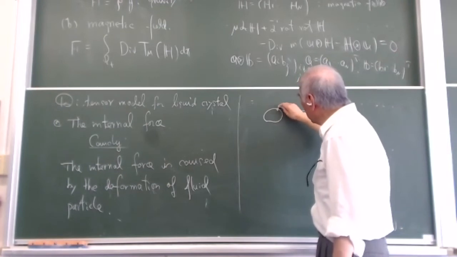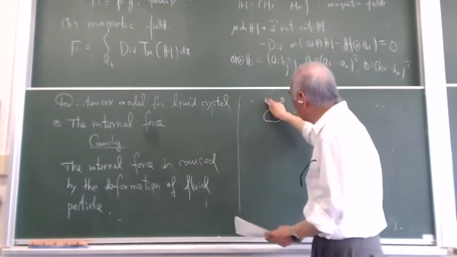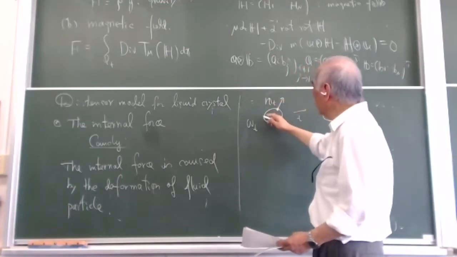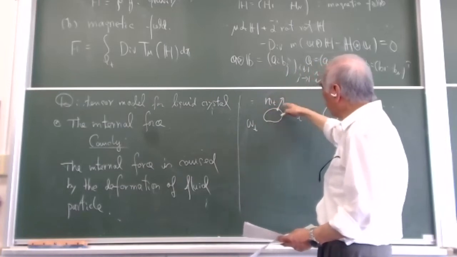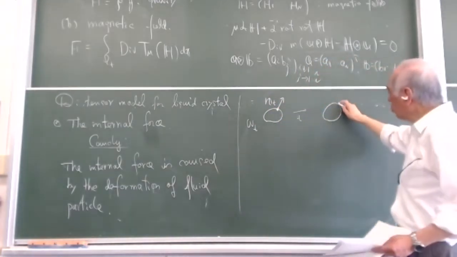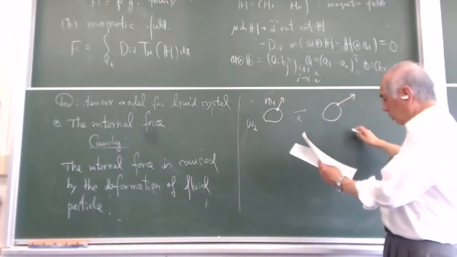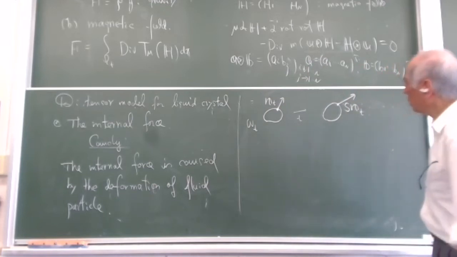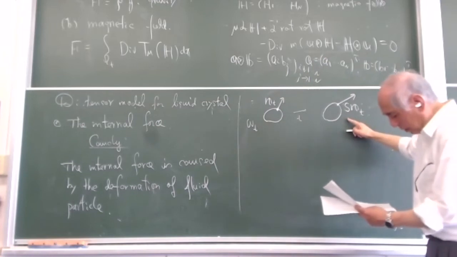Usually we consider the outer normal T. This outer normal is changed to here, and then this NT. This is an invariant matrix.